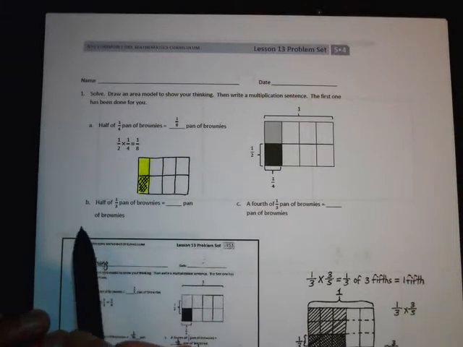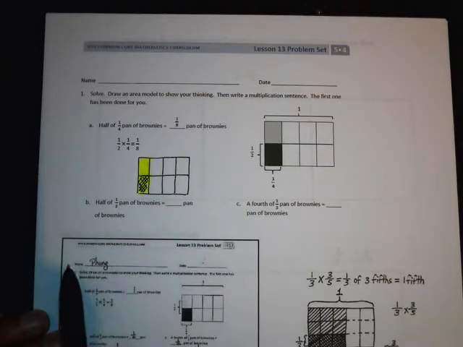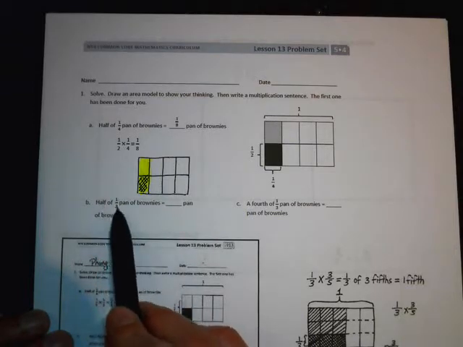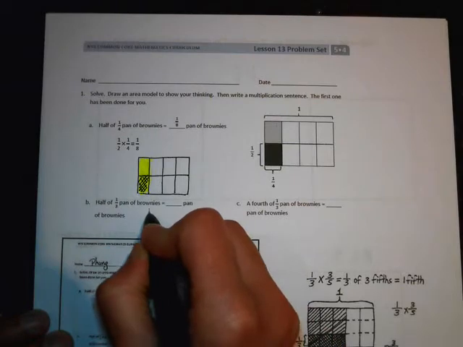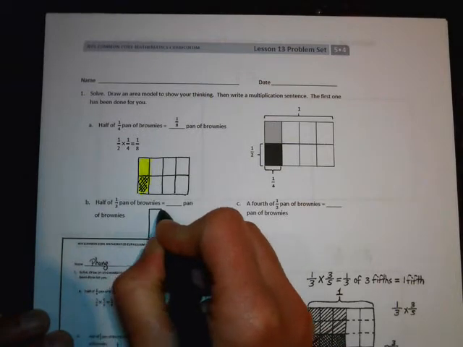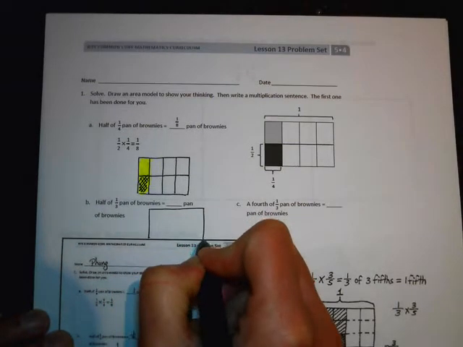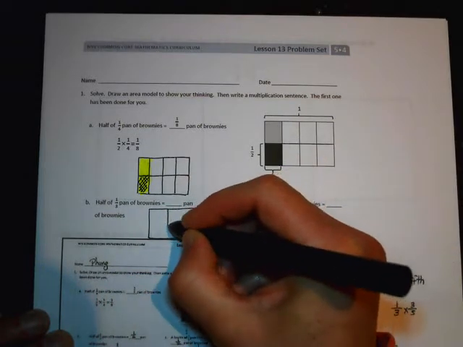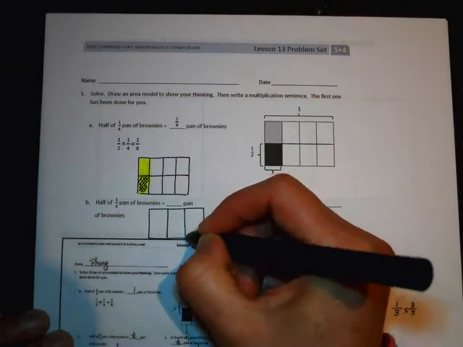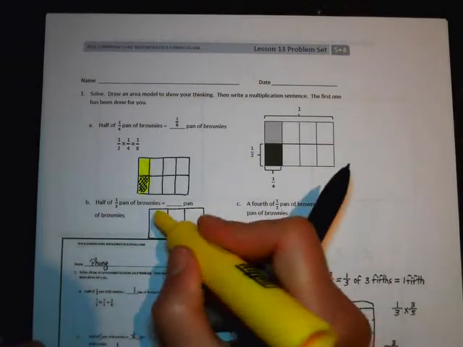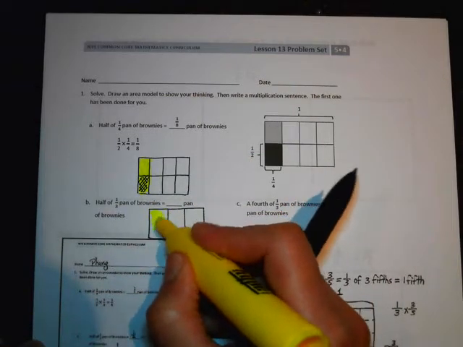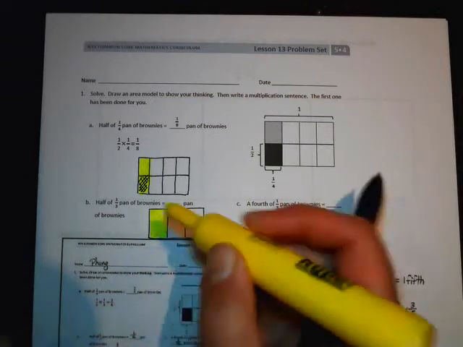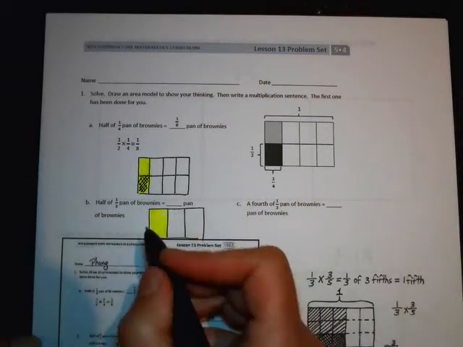All right, let's try this one. Half of a third of a pan of brownies. We're going to start off by drawing a pan of brownies, and we want a third of them. I'm going to draw my third in yellow. Here's my 1/3 of my pan of brownies. And then we want half of that. Right there is my answer.